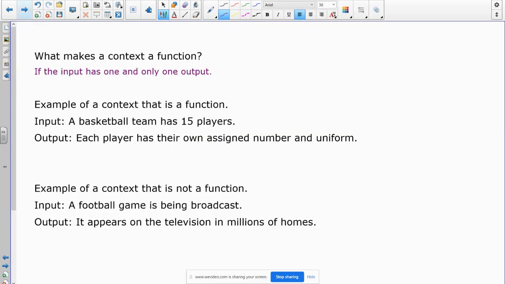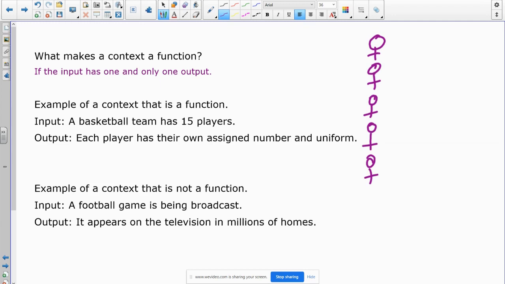What makes a context a function? Well, same thing I keep saying over and over: if the input has one output. So here's an example of a context of a function. A basketball team has 15 players, and each player has their own assigned number. So you can think of it kind of like a table. I won't draw 15 of them, I'll give you an example here.